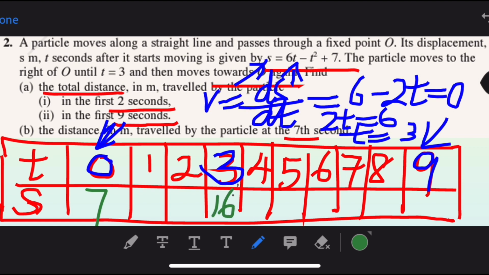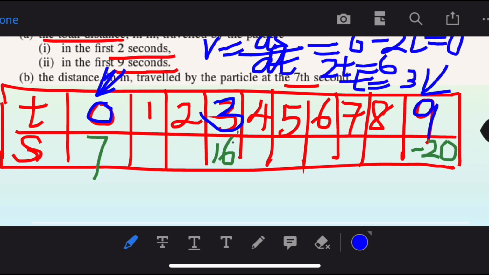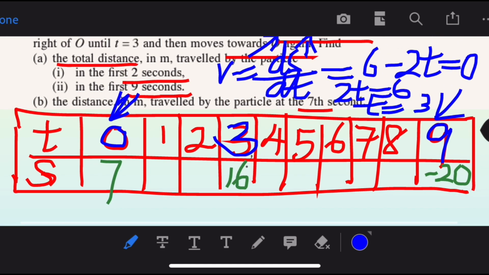Double check. And when t is 9, where is the particle? We want to know the displacement of the particle when it is at the 9 second. So actually you just find these 3 points. In between is not necessary to find, unless, let's say, 2 seconds you have to find.